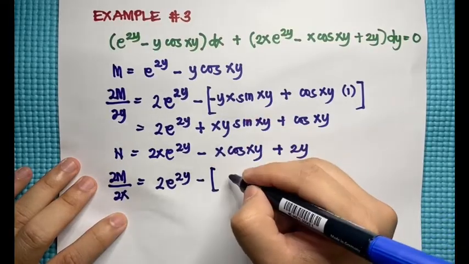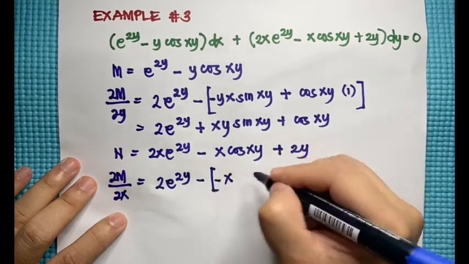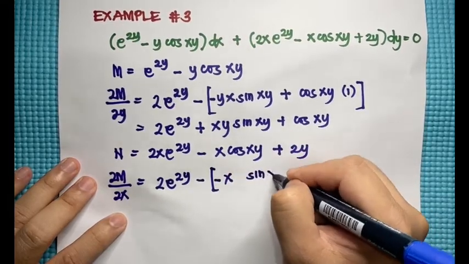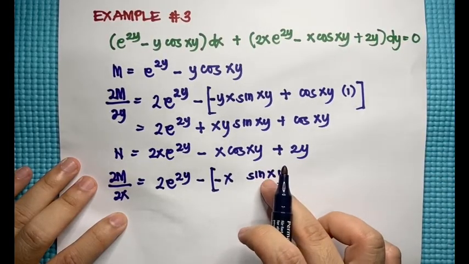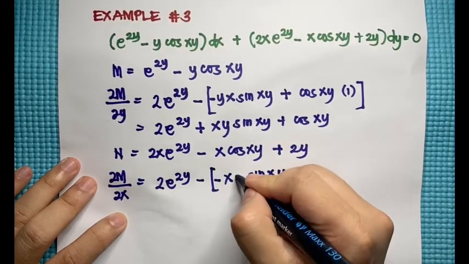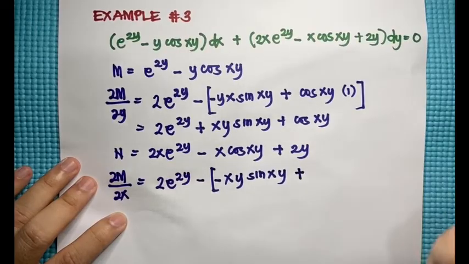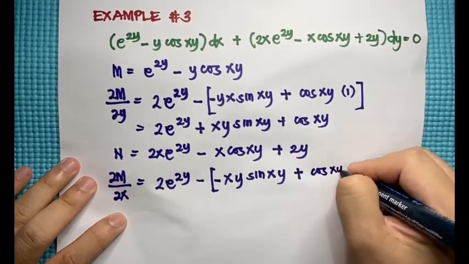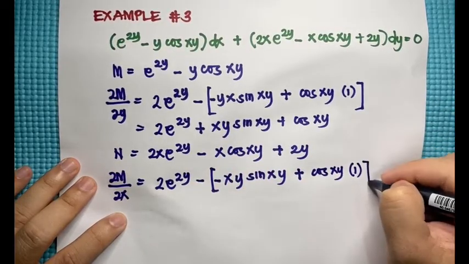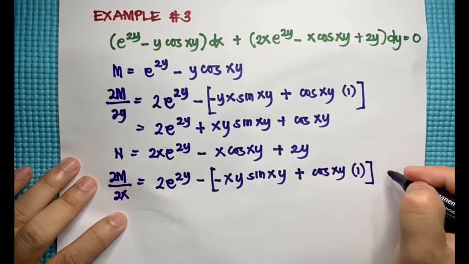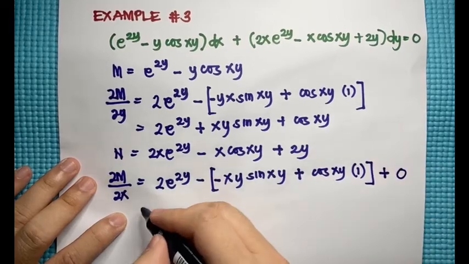And that is u would be x, and the derivative of cosine xy would be negative sine xy, and the derivative of xy, considering x to be our variable, would be equal to y. And then that would be plus our cosine xy, and the derivative of x would be equal to 1. And then plus 2y, this is a constant, so therefore that would be equal to 0.